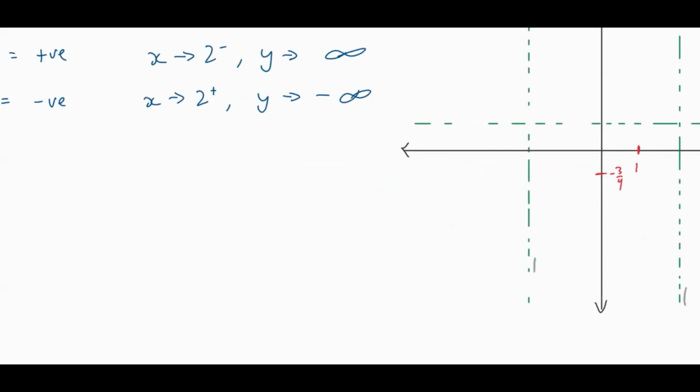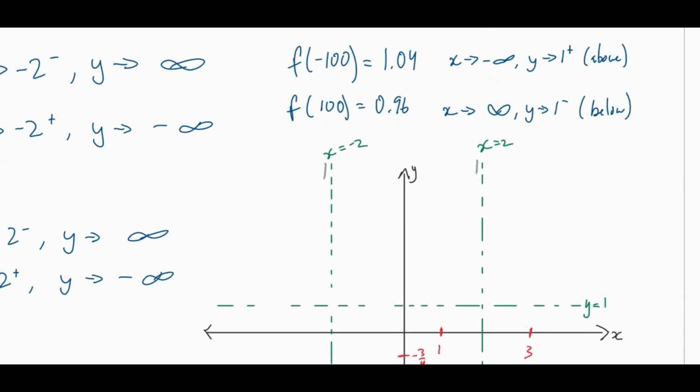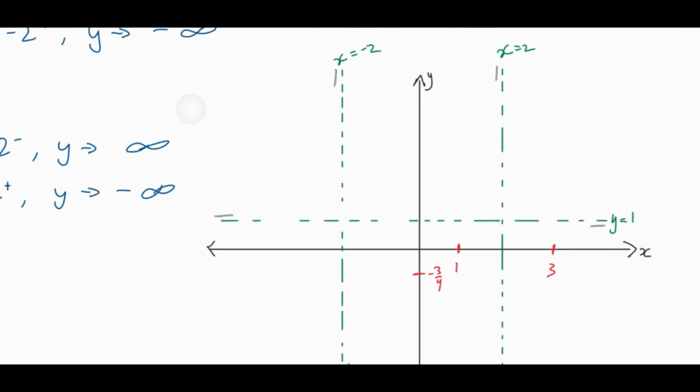And then the last part here, where's my horizontal asymptote? Here they are. As I go to the left, as x gets really big and negative, I'm approaching from above. So that's right here. And as x gets big positive, I'm approaching from below. So that's here. And like I said, all these pieces have to fit. So now I'm going to start connecting them together.